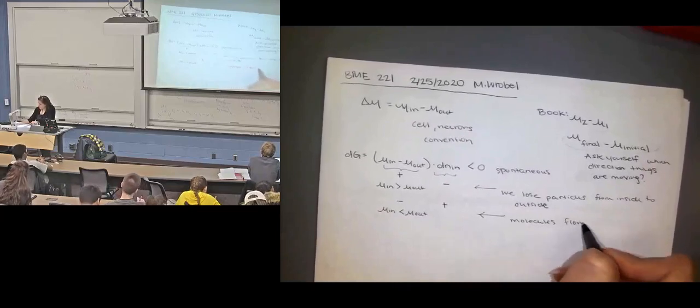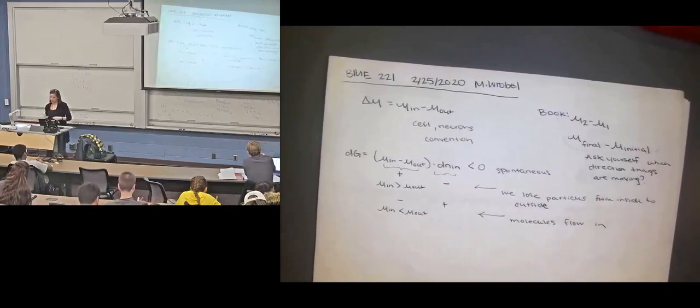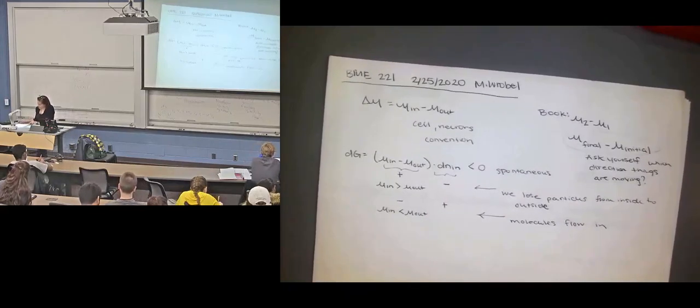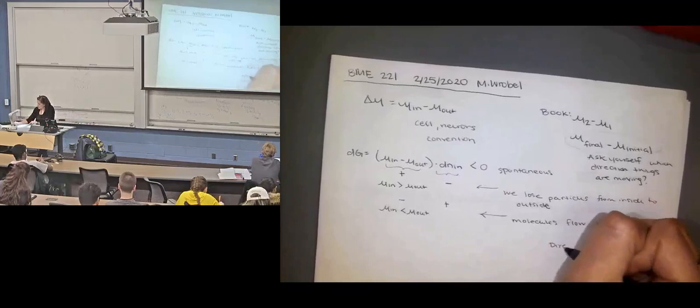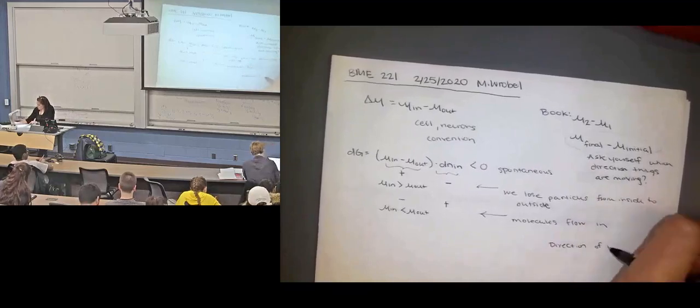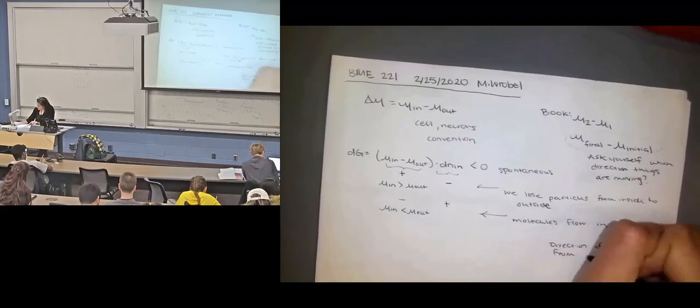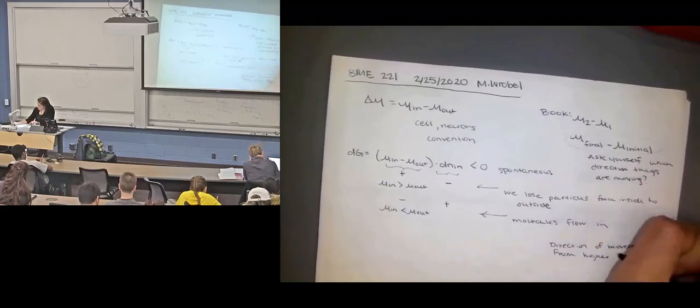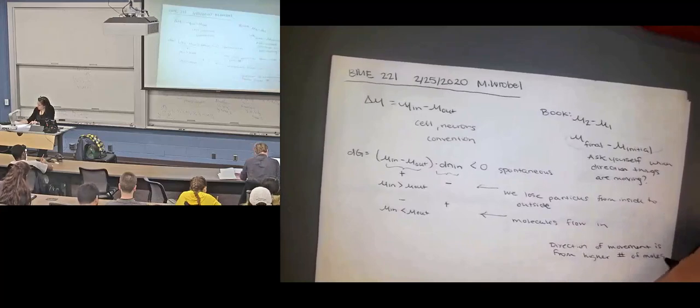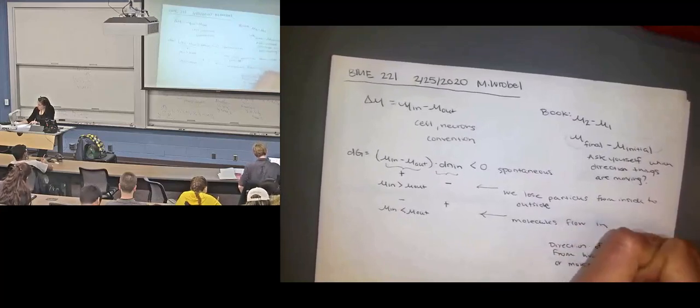Molecules must flow in this case in order to make dG less than 0. And so the direction of movement is from higher numbers of moles or molecules to lower.